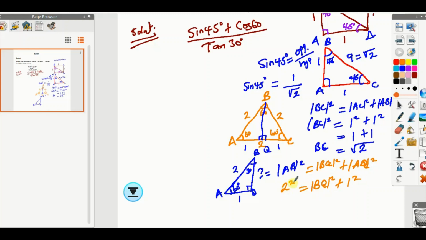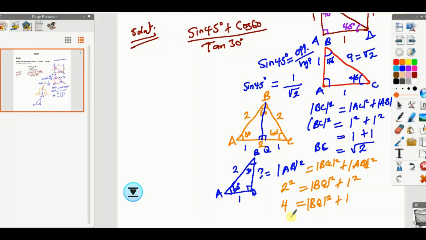Now, 2 raised to power 2 gives you 4, be equal to BQ square plus 1 raised to power 2, which is 1. Now, let's collect the like terms. Bring this one this side, so it will be minus.